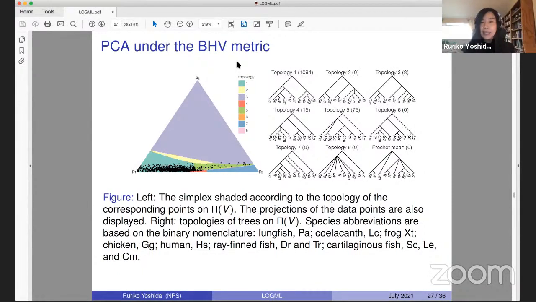So there is something analogous for phylogenetic tree reconstruction. Maybe we might be able to do that, but I don't think there is a good mapping between tree space and hyperbolic space.